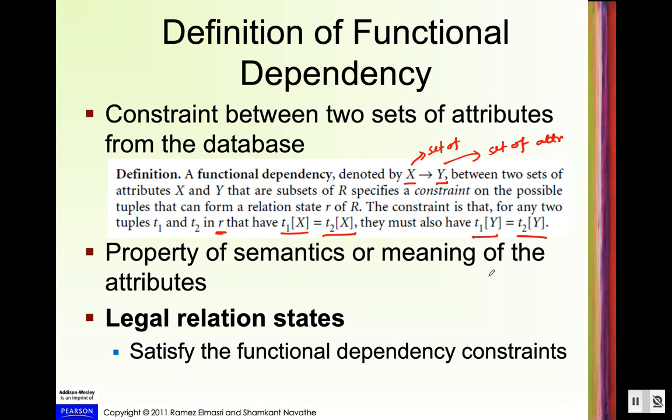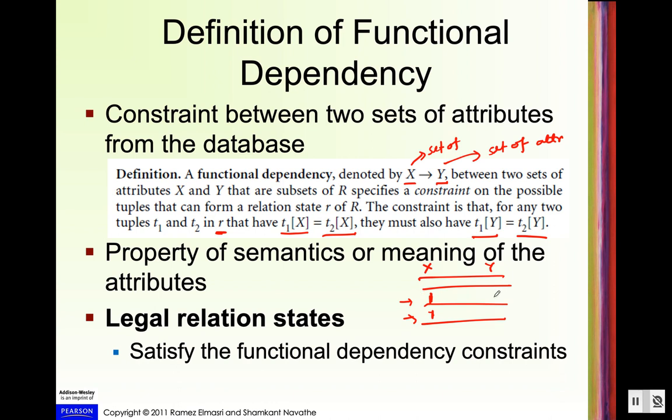That means for any two tuples, if the X value is the same, let's say the X value is 1 for these two tuples, then the Y value will also be the same.